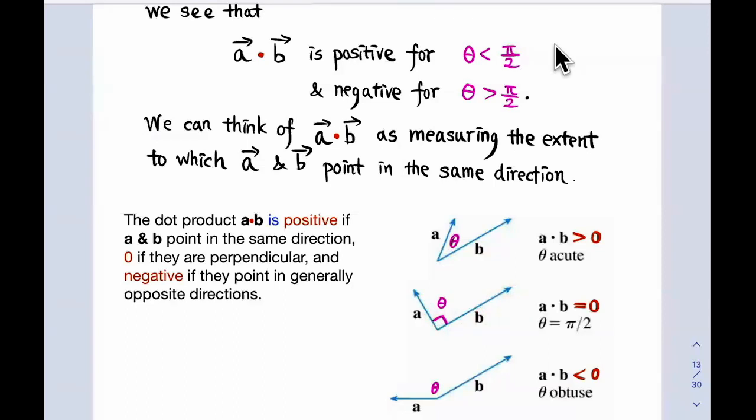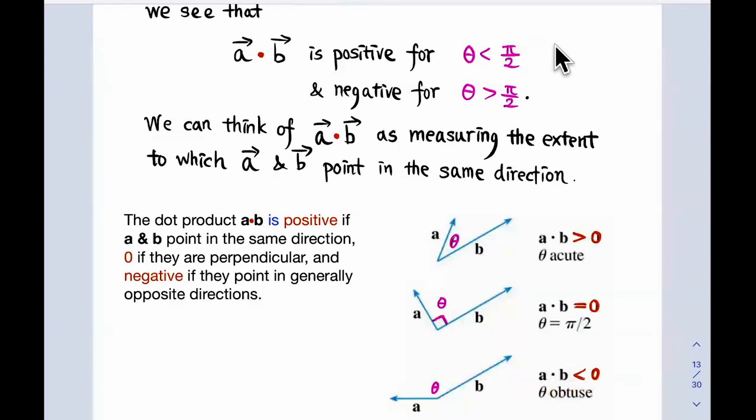And when the dot product is negative, they point in kind of opposite directions: one goes this way, the other goes that way. So when they point in the same direction, the dot product is positive, and the converse is true. When they are orthogonal at 90 degrees, the dot product is 0. When they point in generally opposite directions, the dot product is negative.